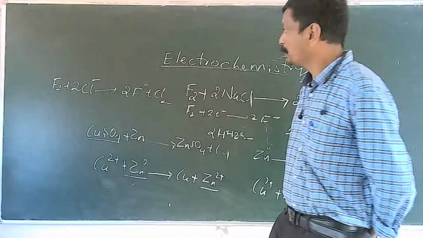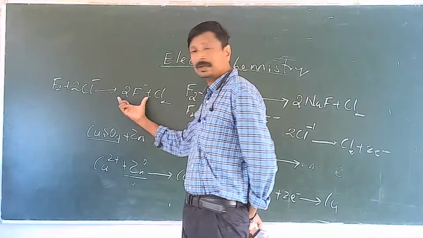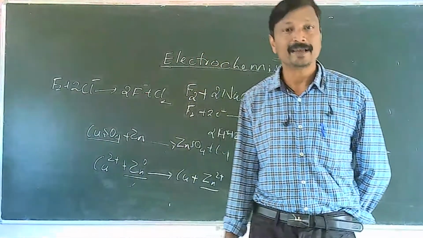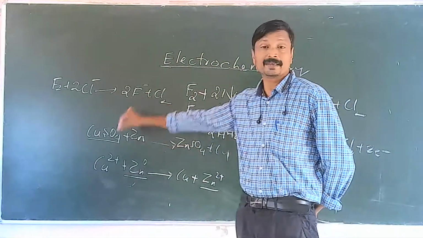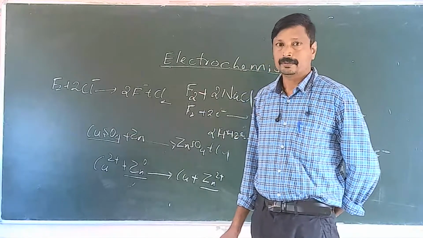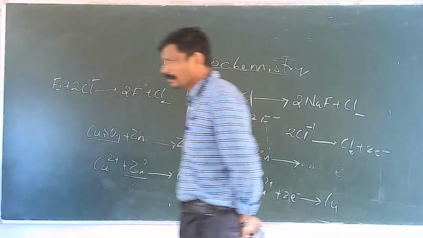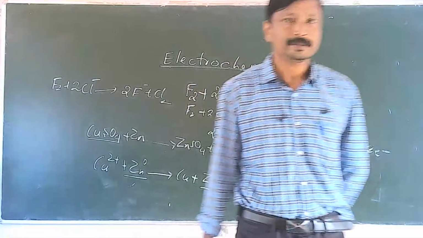Ionic reaction means the total charge on the reactant side and the total charge on the product side should be the same. After balancing the reaction, you have to check whether the ionic reaction is balanced by checking the charges on both sides. Clear? Okay.